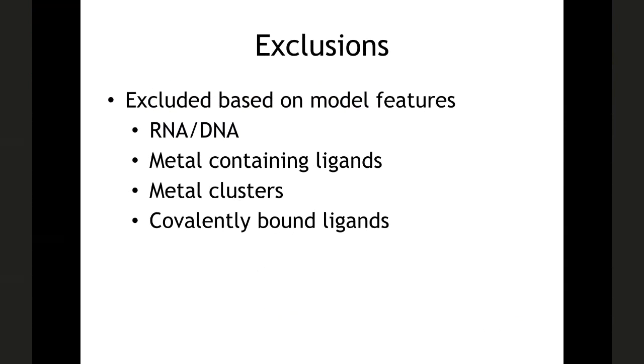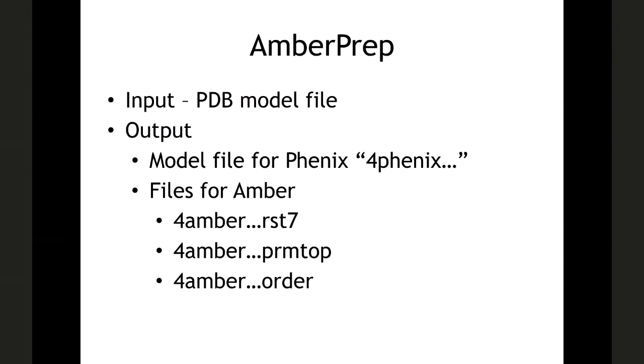So with that, I have already mentioned AmberPrep, and this is a tool that we created to facilitate this process. It takes an input file, and in this case, it's a PDB model file. So if you have a model and you run Amber refinement, you have to do this. It creates a model file for Phenix.